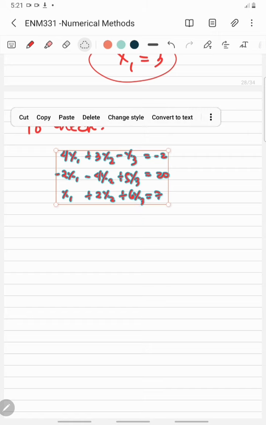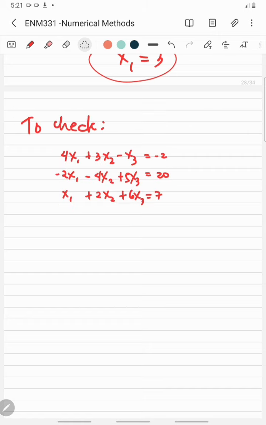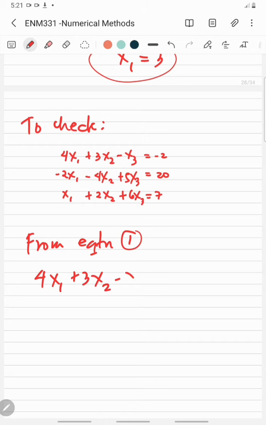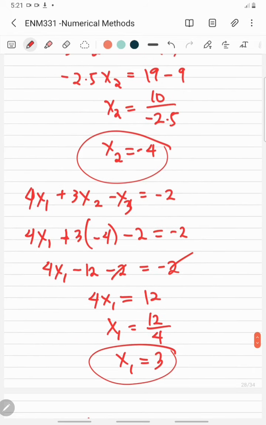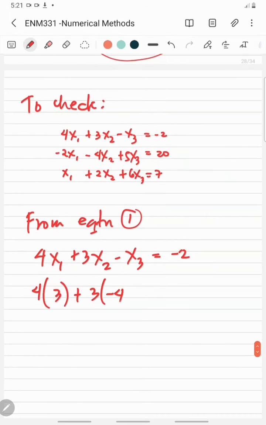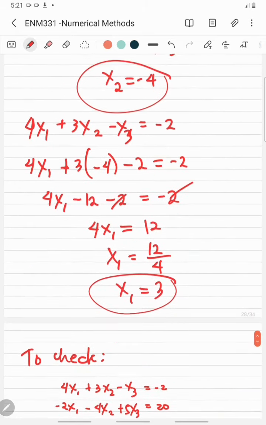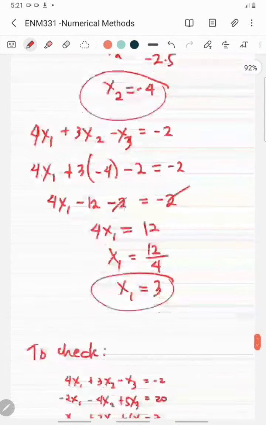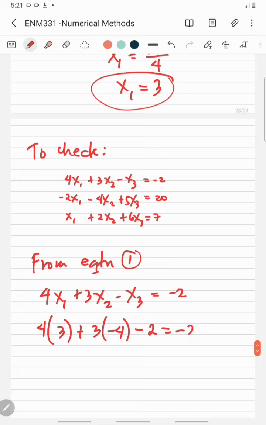So from equation 1, you have 4x1 plus 3x2 minus x3 is equal to -2. So we have 4 times x1, which is 3, plus 3 times x2, which is negative 4, then minus x3, which is positive 2, that is negative 2.